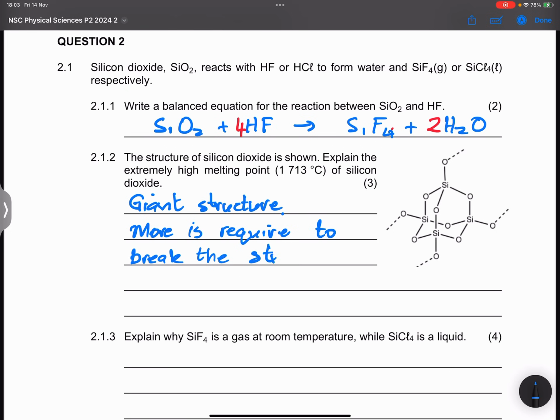The strong, let's say strong covalent bonds, right? All right, so you'll notice that you've got strong covalent bonds.